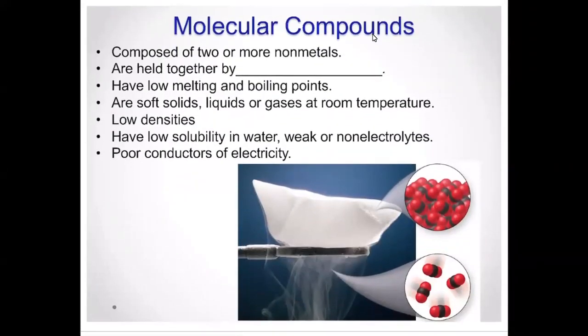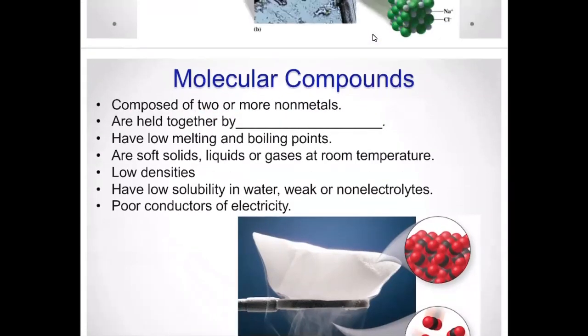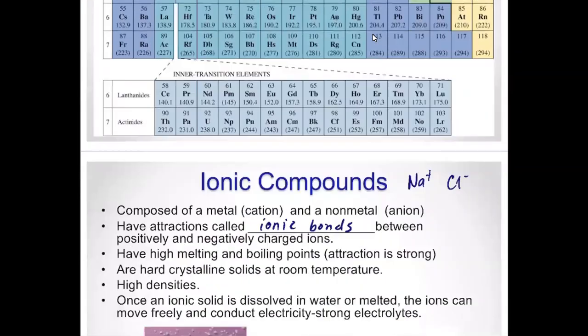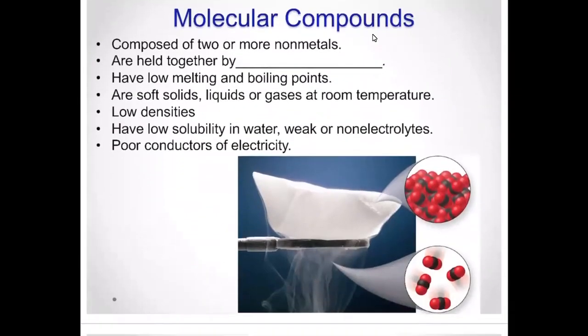Molecular compounds. These are composed of 2 or more nonmetals. So they have to be combinations of elements on the upper right-hand corner or with hydrogen. An example here is carbon dioxide. Carbon's a nonmetal, oxygen's a nonmetal. They are held together by covalent bonds.